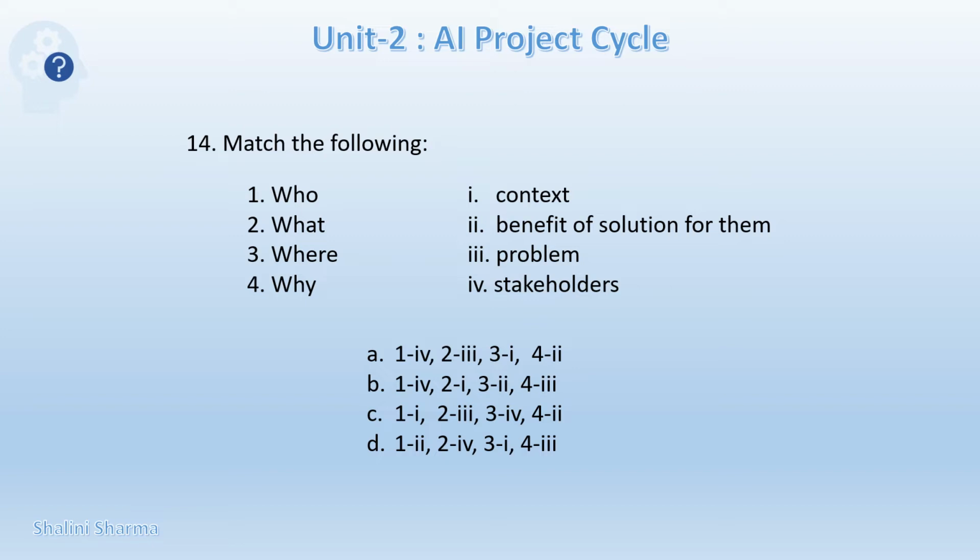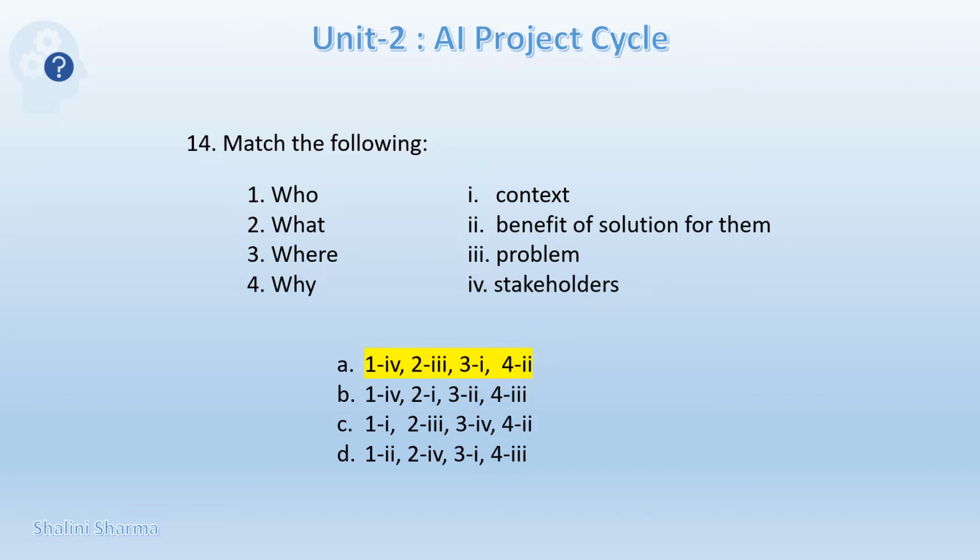Students, match these options and look for the correct answer. The correct answer for match the following is option A. 1 with 4, that is who will match with stakeholders, what will match with problem, where will match with context, why will match with benefit of solution for them.